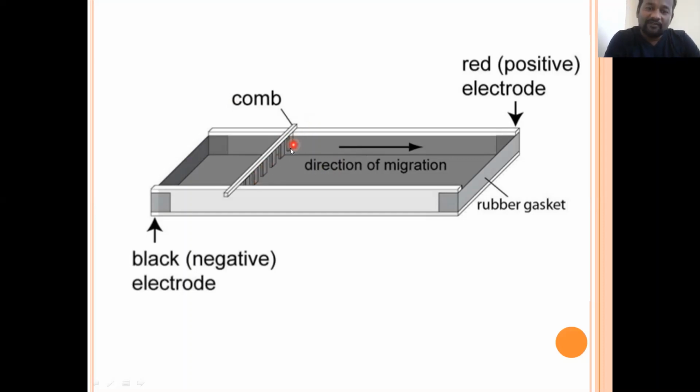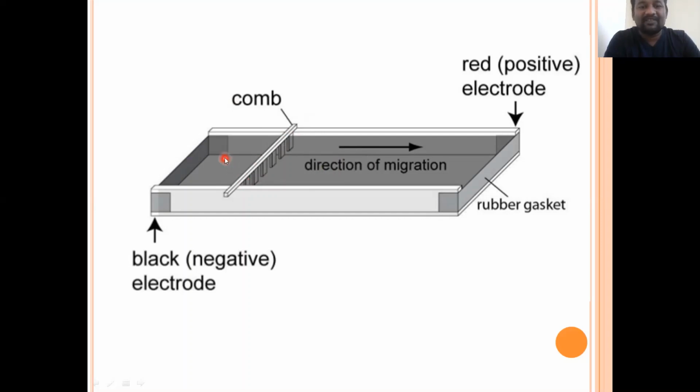In this well, we will load the DNA or RNA or protein samples. Usually, the first hole will be filled with the marker, either DNA or RNA or protein markers.